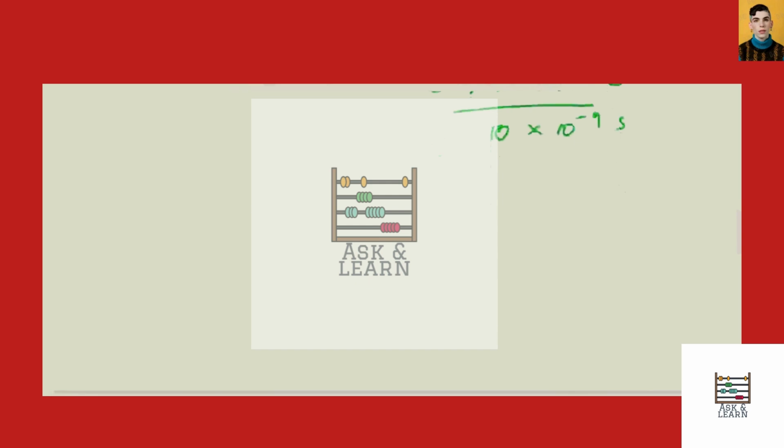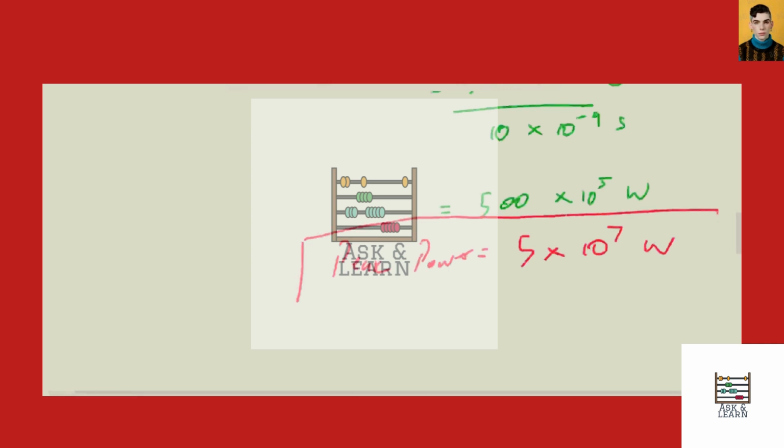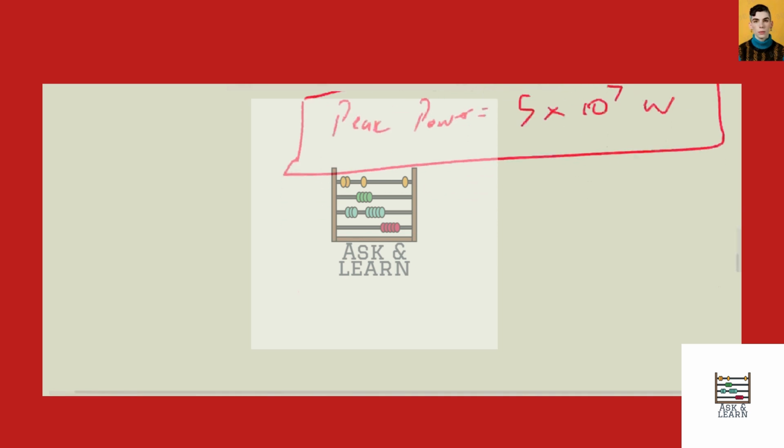So when we simplify that, we end up getting the same thing as 500 times 10 to the 5 watts, and we want to change that to manageable units. So peak power becomes the same as 5 times 10 to the 7 watts. That's the peak power that we're dealing with.